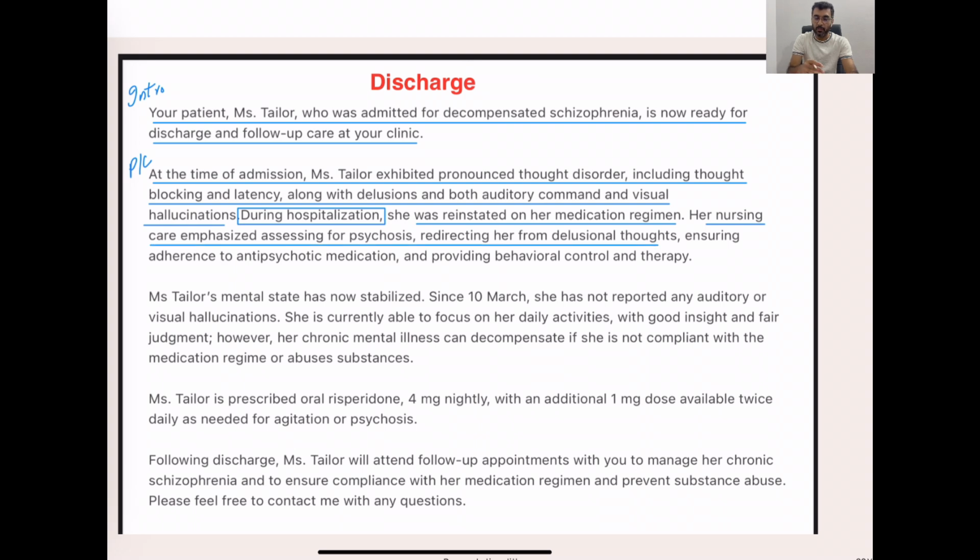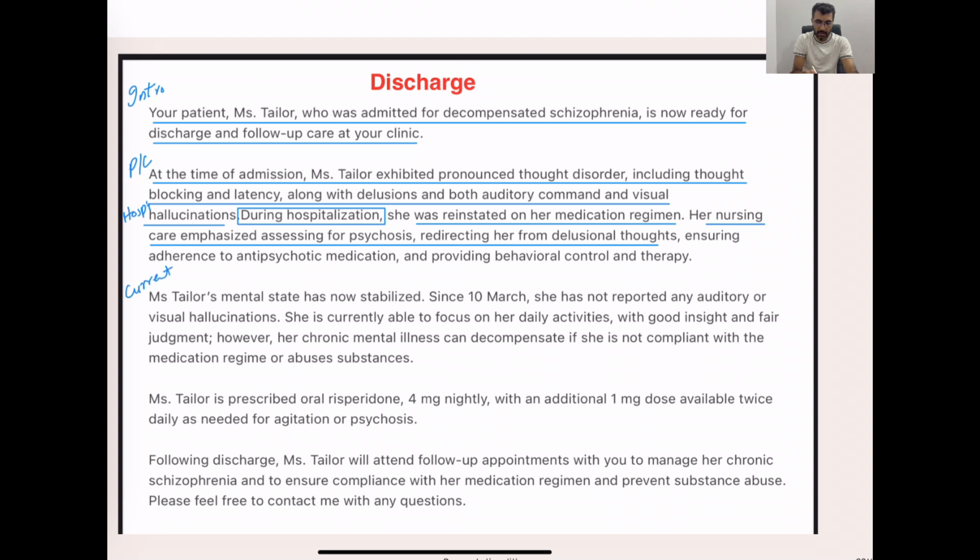So we don't have any examination or investigation findings here. The patient has already been diagnosed. This is a diagnosed case. So we'll start from, we have started the patient on medication and nursing care. The next thing is the patient's current status. So hospital stay is given here. Okay. Now current status.